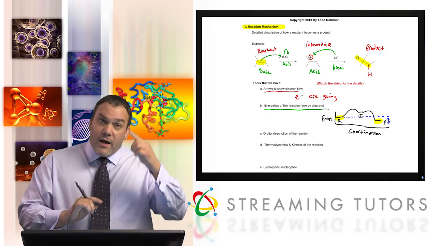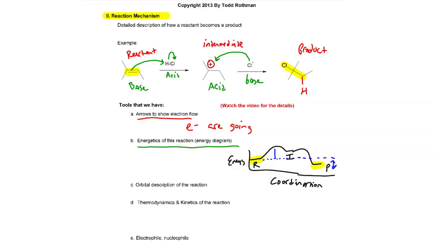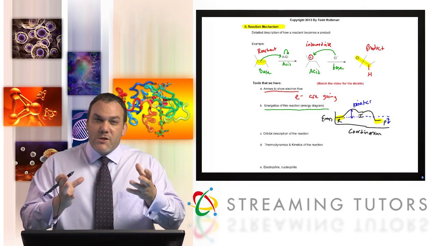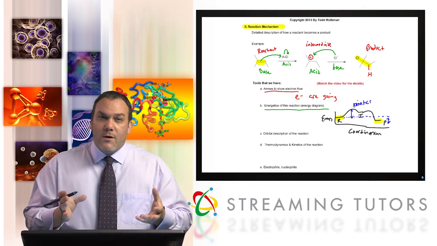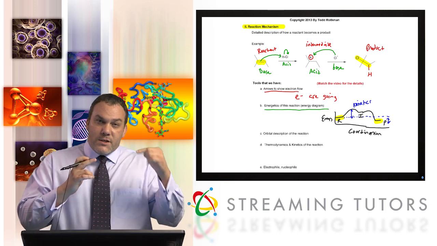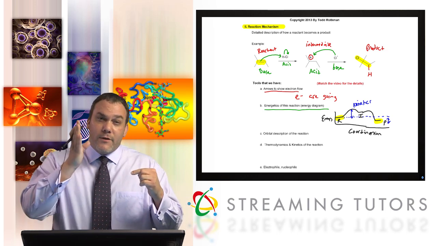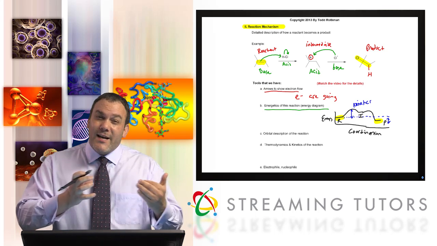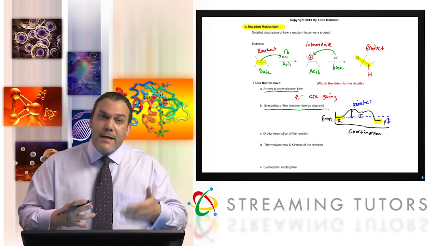Also, how high of a hill do you climb? So this right here, the hill, is known as the rate of the reaction, the kinetics of the reaction. So going from R to P is what's known as thermodynamics of the reaction. Going from the step that you began to the highest hill that you have to climb, that's known as the kinetics of the reaction, the speed of the reaction.